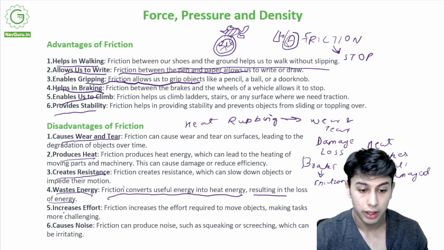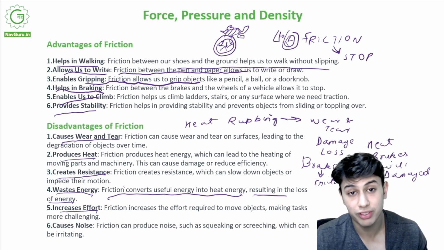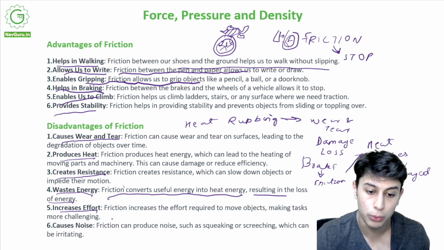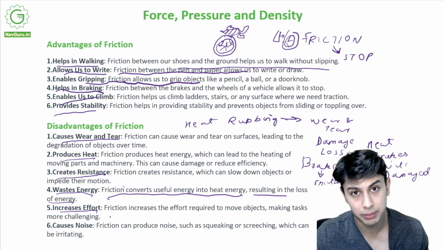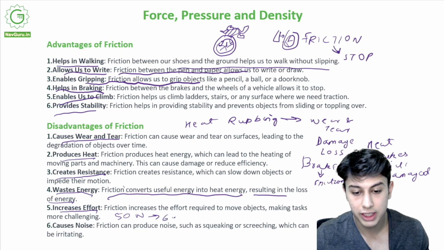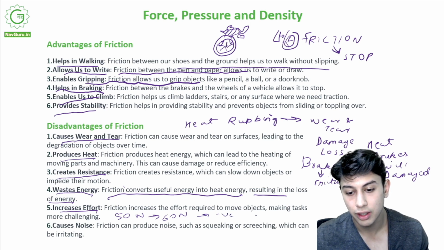Friction increases effort. Since there is more friction when you're running, when you're skating, when you're sliding something, you need to push more, you need to put more force in order to overcome that friction. If I'm putting a force of 50 Newton and there is friction of 60 Newton, which will come in a negative sense, 50 minus 60, it won't move, but it will give me an opposite force in the opposite direction.